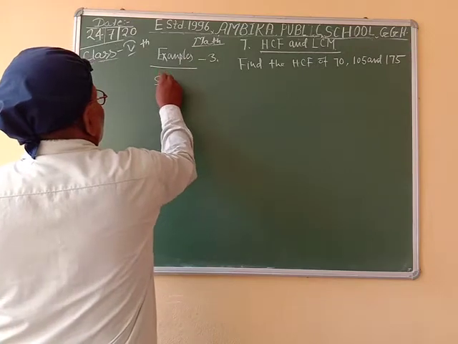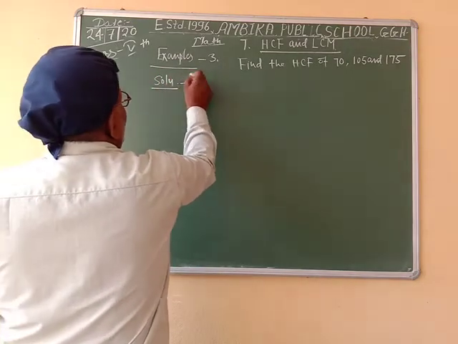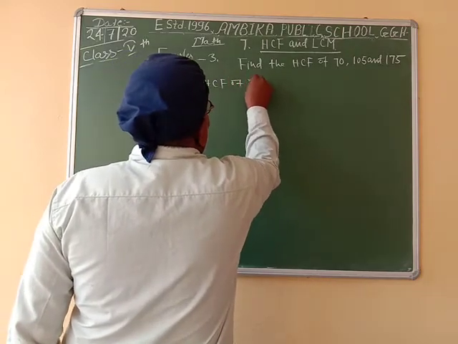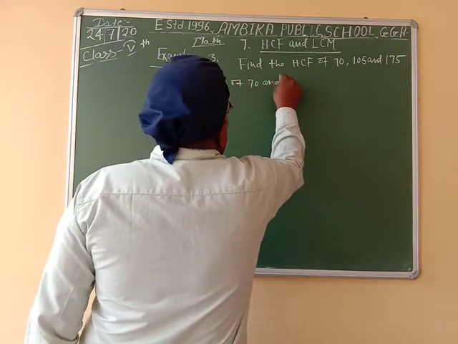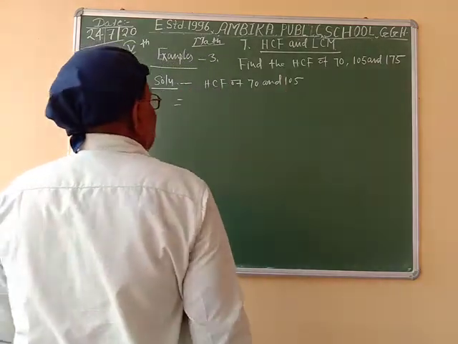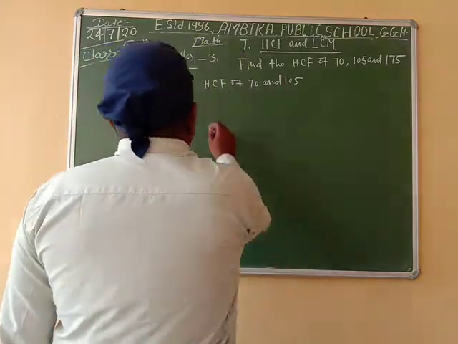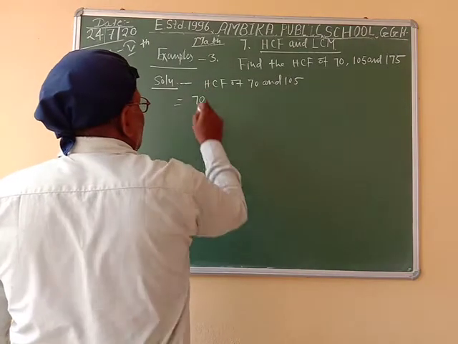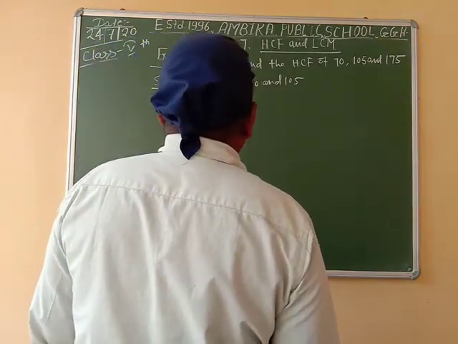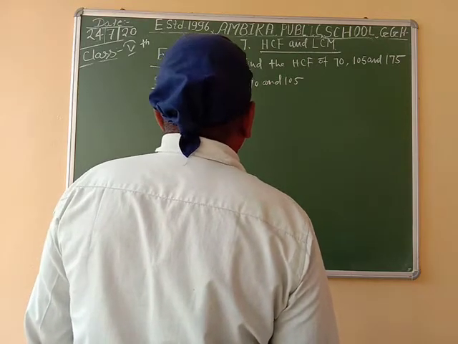HCF of 70 and 105 is equal to, by the continued division method, at first here 70 is the smaller number and 105 is the greater number.